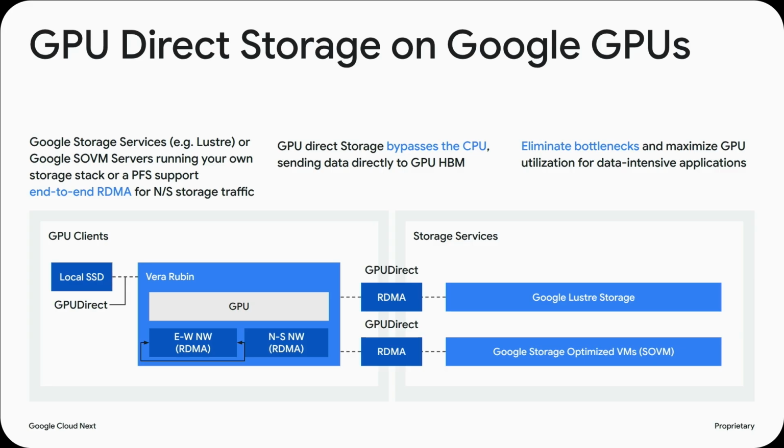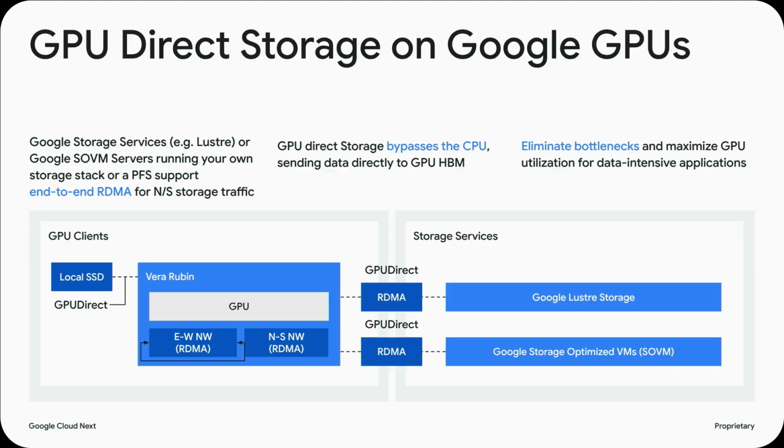They can communicate with their GPU cluster over RDMA using GPU Direct Storage. A lot of these GPUs are provisioned with local SSDs. So even if you're reading from the node-local SSD of the GPU, we can use GPU Direct to load it without bringing the CPU into the picture. So it reduces the CPU overhead and reduces the latency overall.